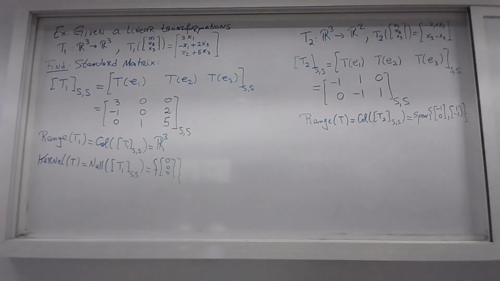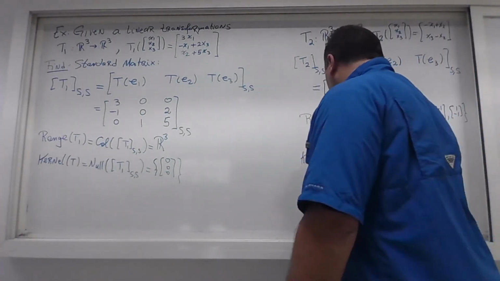What is this? So span of these two guys, these are two vectors from R2 that are linearly independent, obviously. So they are basis for R2. So span of this is actually R2. Wow. But this linear transformation sends people to entire R2. Okay, so the range is actually R2.